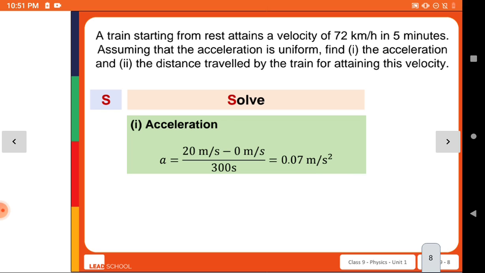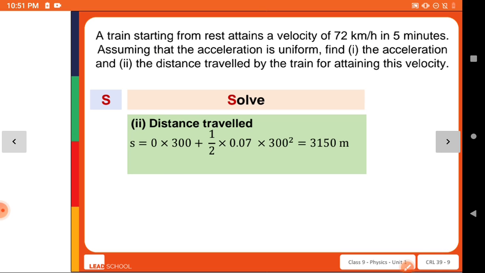The next part is the distance traveled by the object. In the second part of this question we calculate the distance, so we consider s. We apply the second equation of motion: s is equal to ut plus half at square. Initial velocity is 0, so we put the value of initial velocity as 0.